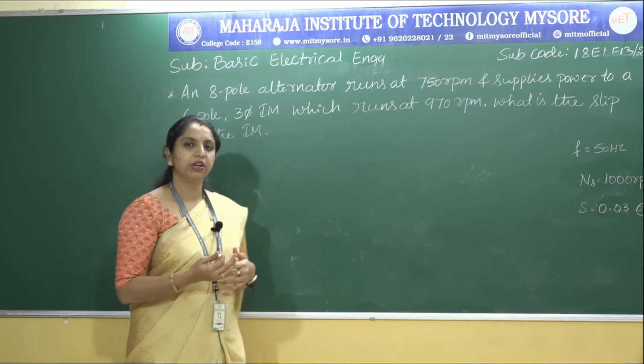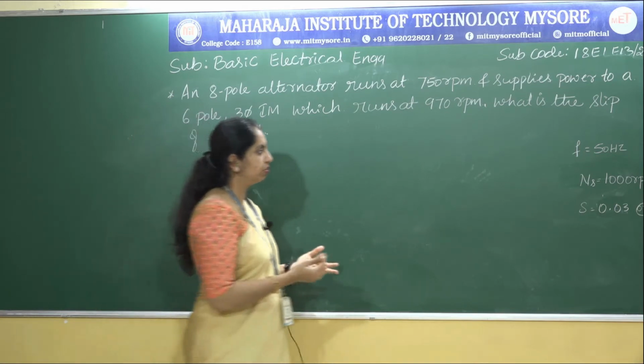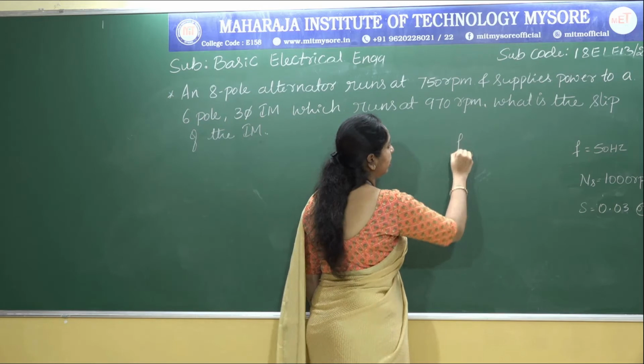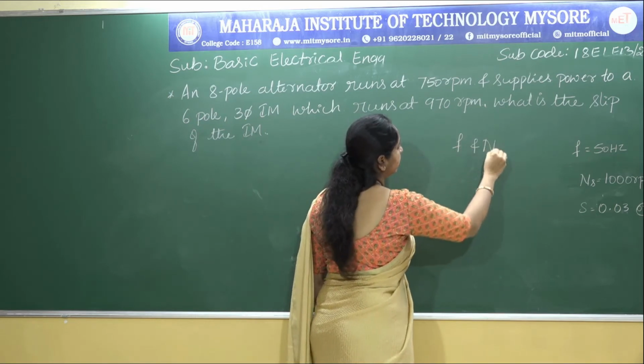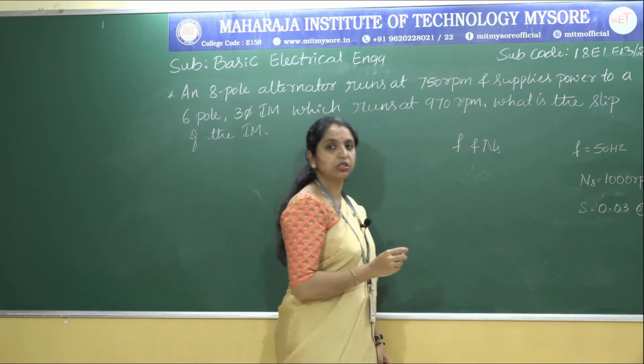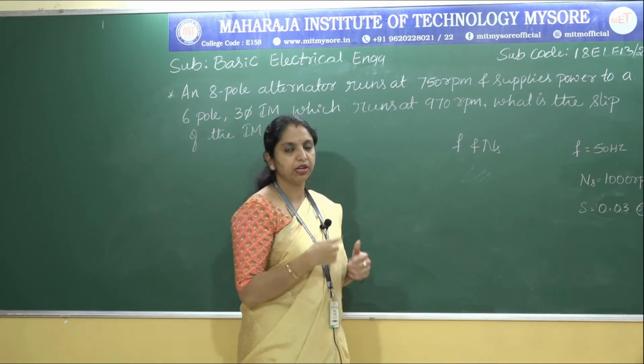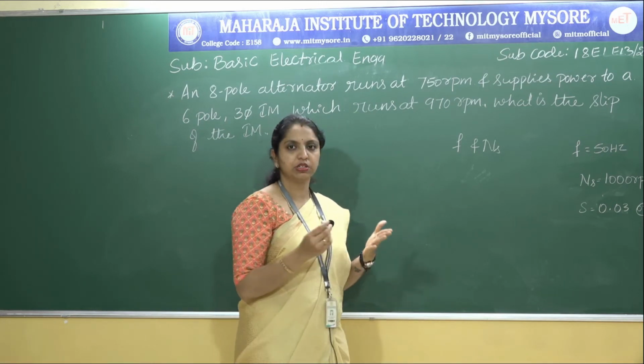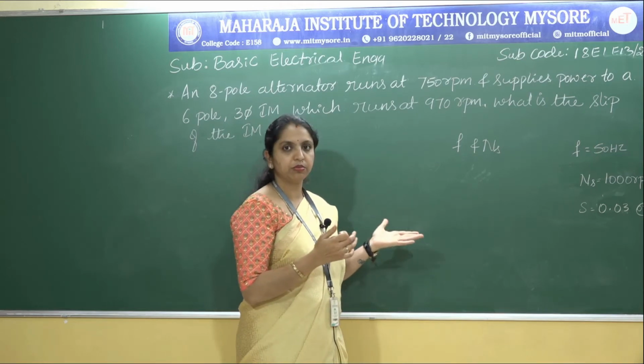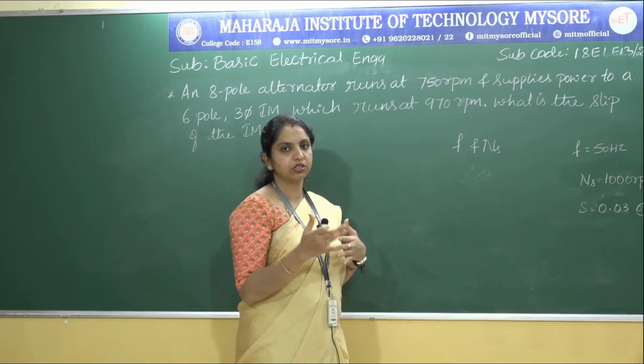As I have already explained in the working principle of the induction motor, remember f and Ns are the values related to the rotating magnetic field. I'll just recall, because once you understand one problem, the rest of the problems are similar.